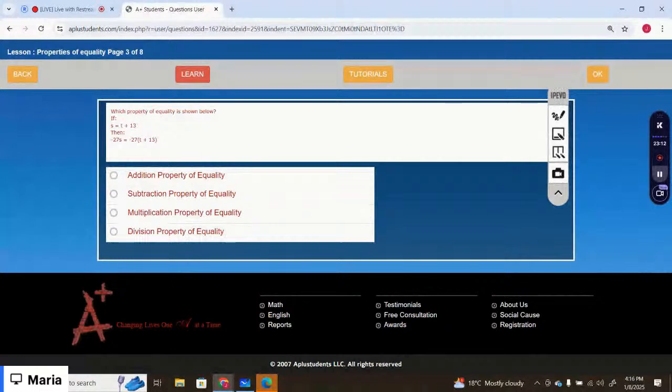Which property of equality is shown below? If s equals t plus 13, then negative 27 s equals negative 27 times t plus 13. Which is the correct option?